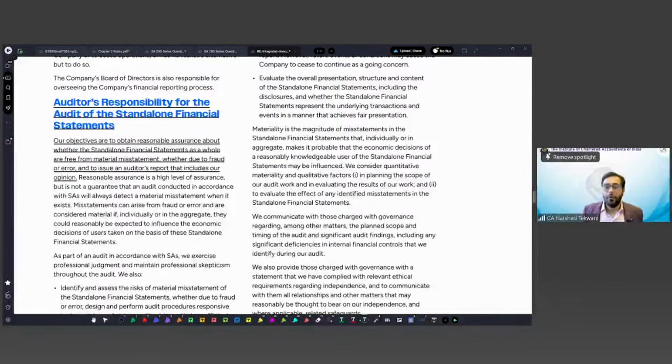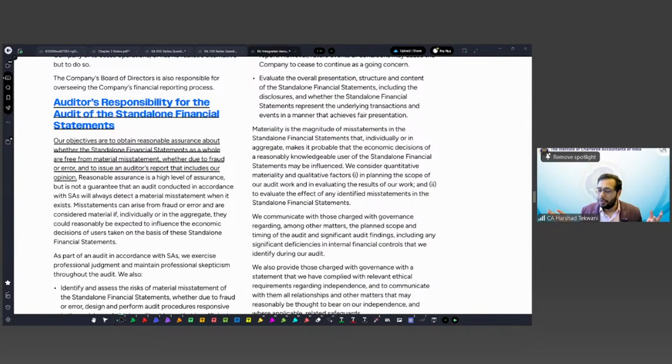What is the overall objective of the auditor? SA 200. Yes, SA 200. So that is the overall objective of the auditor, and that becomes your responsibility also because you are the auditor. Now it's your responsibility to obtain reasonable assurance and to provide an opinion. So your objective is your responsibility also.